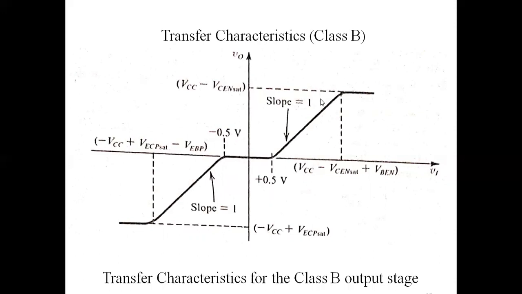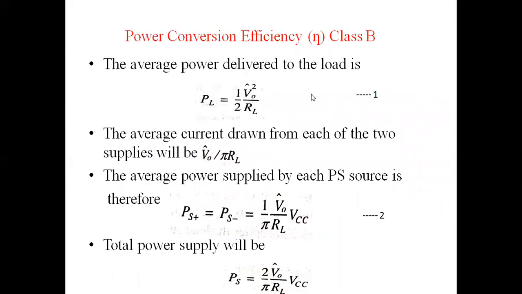Next is to find the power conversion efficiency of the class B output stage. We know that the power conversion efficiency is defined as the ratio of load power PL to the supply power PS.